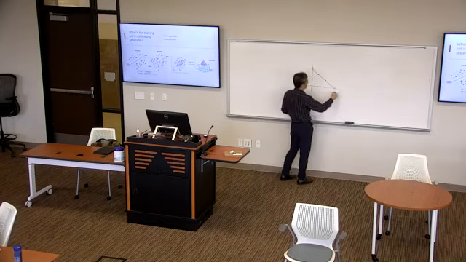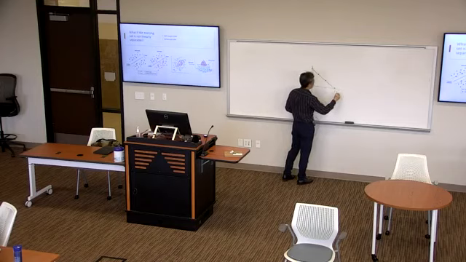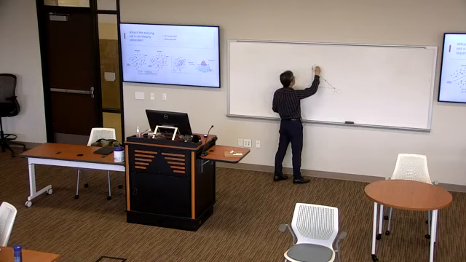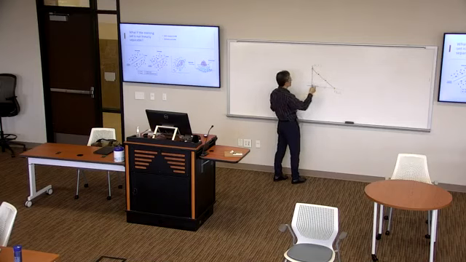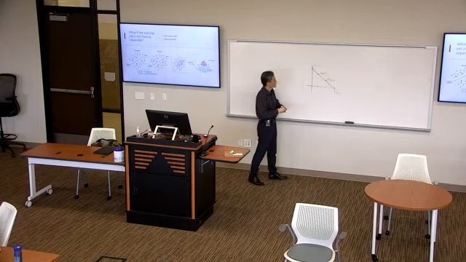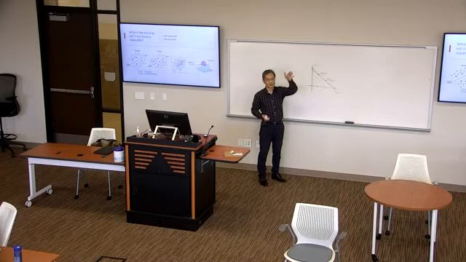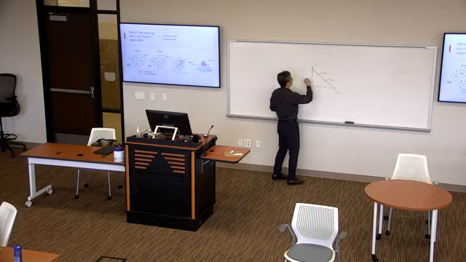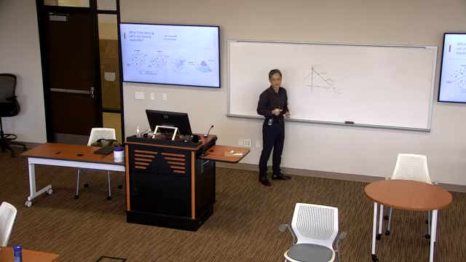So this is like 3, 0, and this is 0, 3, and this is 2, 1, 1, 2. So if you want to do a classifier using one single line, there's no way you can separate them easily. You have to use a curve.